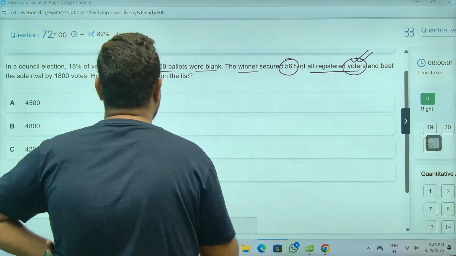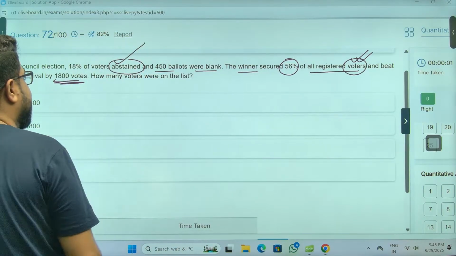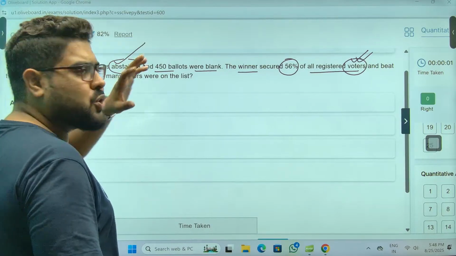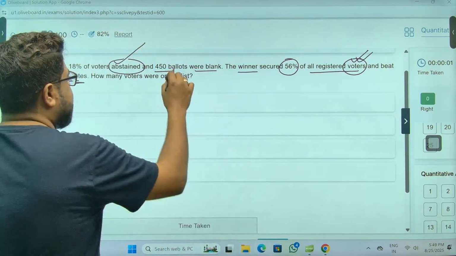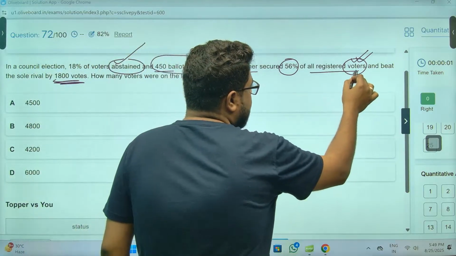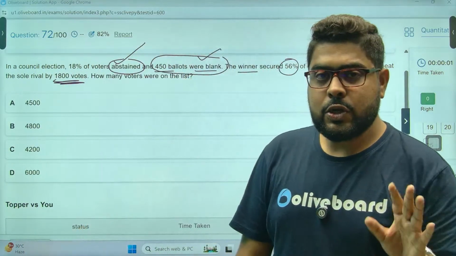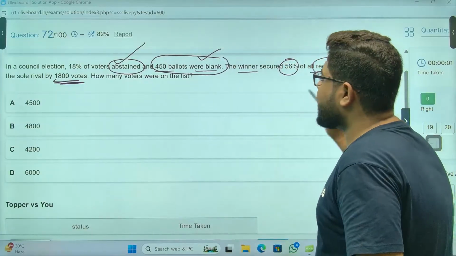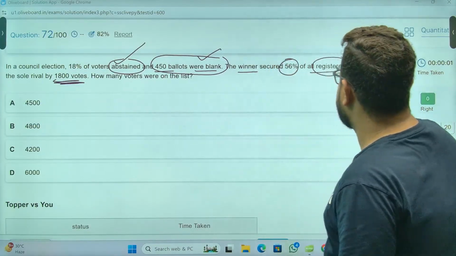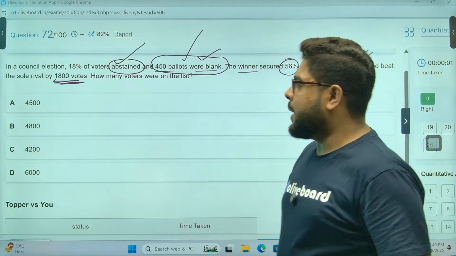Let's do the same here. The winner beat the sole rival by 1800 votes. Okay, let's apply the shortcut, sir. They are talking about the percentage of all registered voters. So the shortcut is you can get rid of these 450 ballots. How?